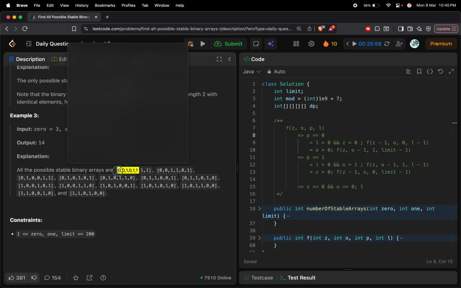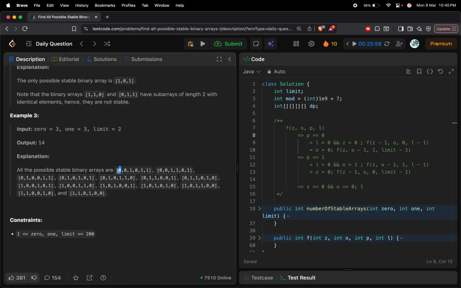Let's say I have chosen to start with 0 in the first position. Either I can start with 0 in the first position, or I can choose to start with 1. If you see, there are options at any given position. Whenever we have options, DP should come into your head.